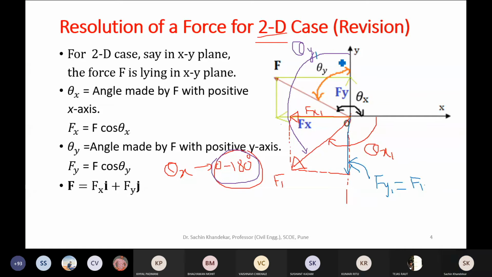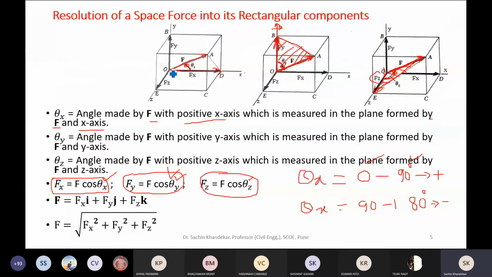Listen first. When we are finding the rectangular component of a force, rectangular component means its projected length, that's all. And projected length means its cos component. So I am not defining any of the components in terms of sine. That is true in the two-dimensional case, but as far as the three-dimensional case is concerned, the sine component is not at all applicable.